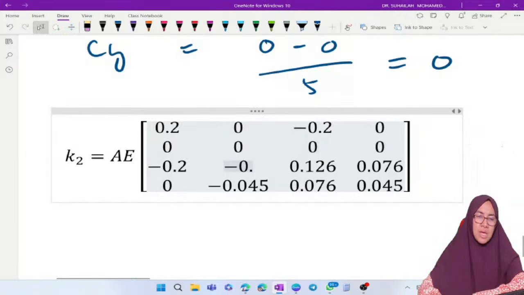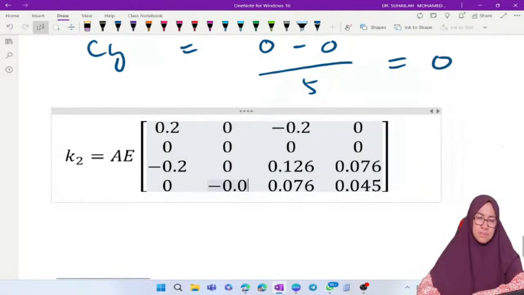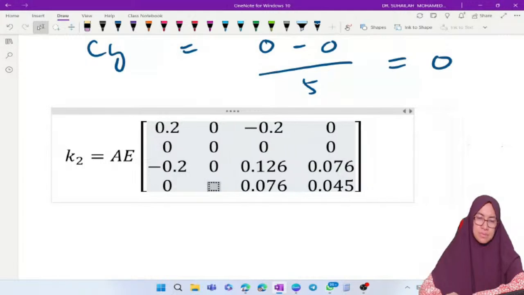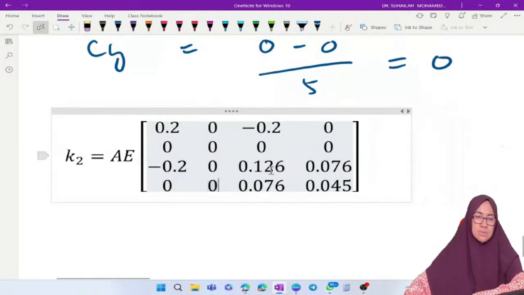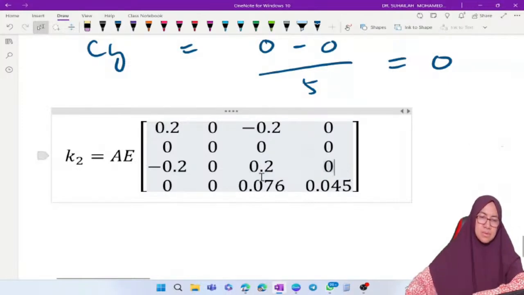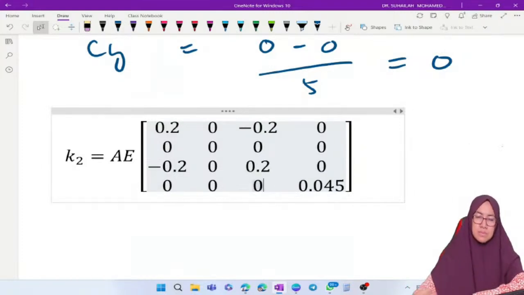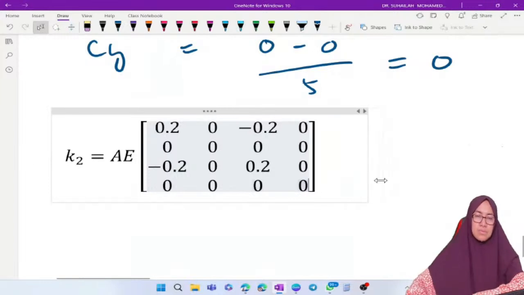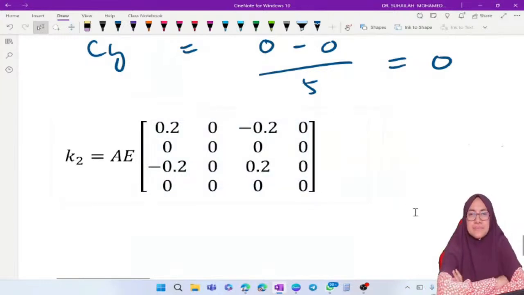Okay, this is for K2. 0, 0, 0.2, 0, just like this.